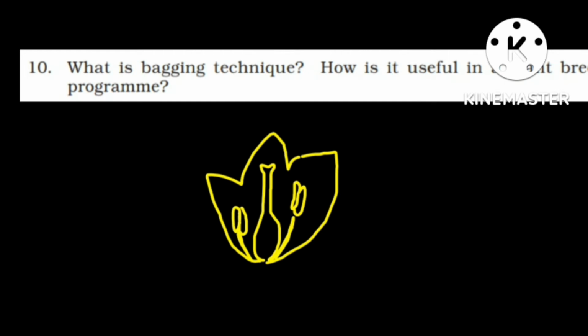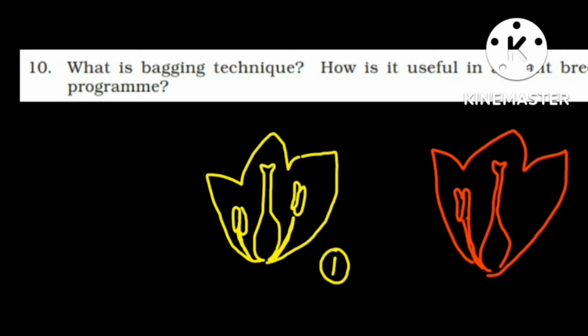Suppose this is flower number 1 and there is another flower, flower 2. Now we want the pollen grain from flower 2 to get dusted on the stigma of flower 1 to get a hybrid, but we don't want self-pollination.